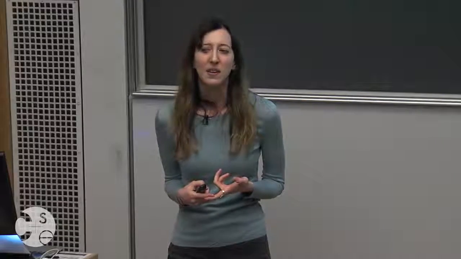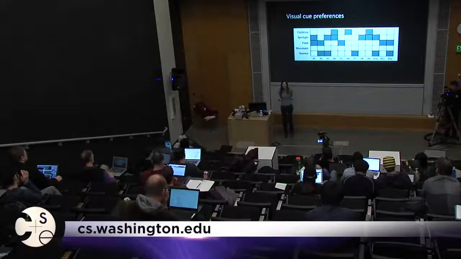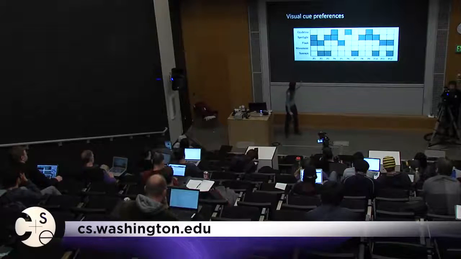So first I'll talk about, going back to the question earlier, customization. We found that people had very different preferences for the visual cues. When we asked them to assess the different cues and find products with them, we then asked them to create their favorite cue, combining from the different cues.